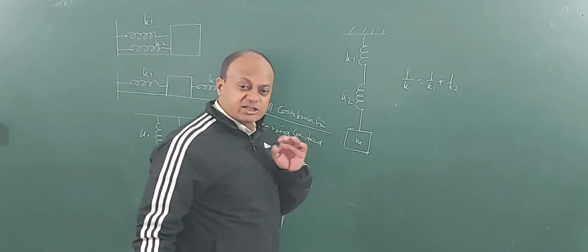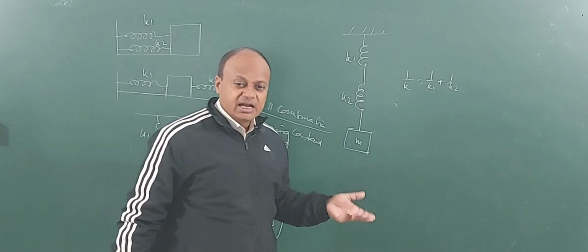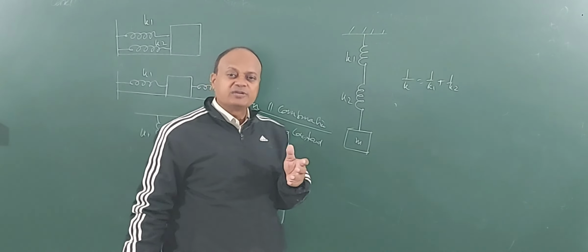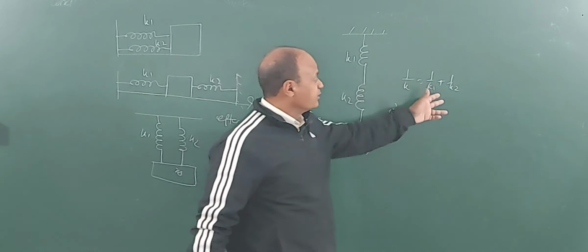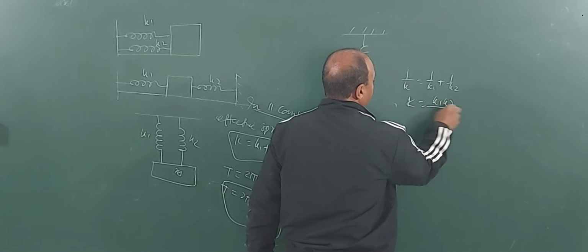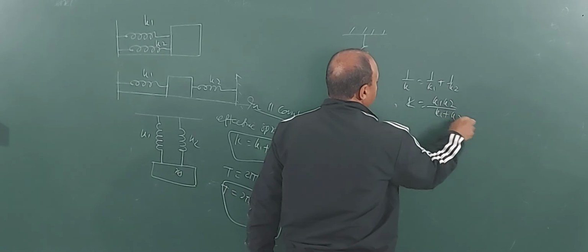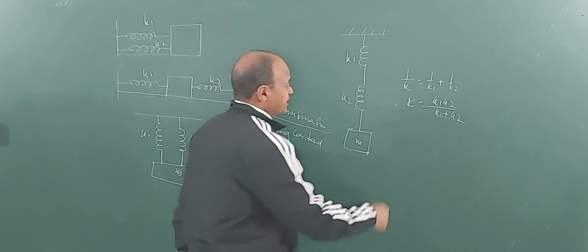Clear? So series combination of springs will be like parallel combination of resistances, and parallel combination of springs will be like series combination of resistances. So from here I can calculate K, and what will be K, children? K1 K2 divided by K1 plus K2.